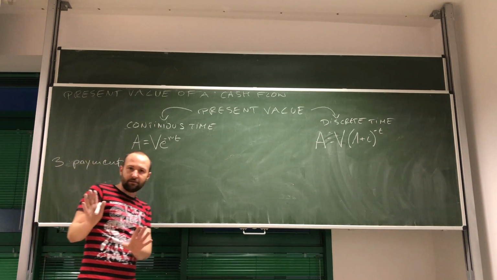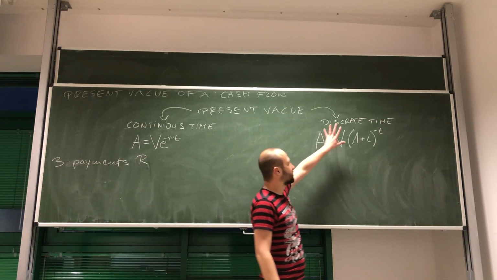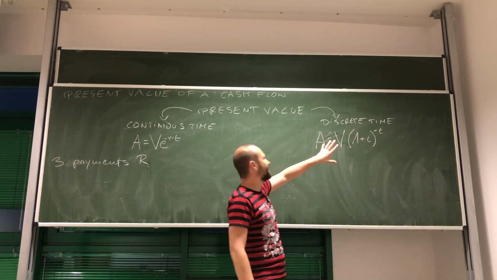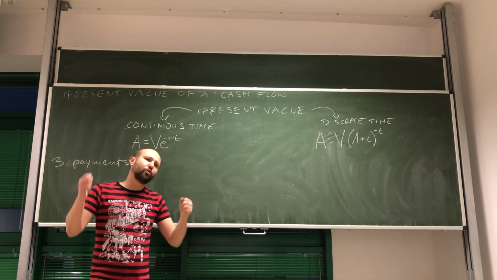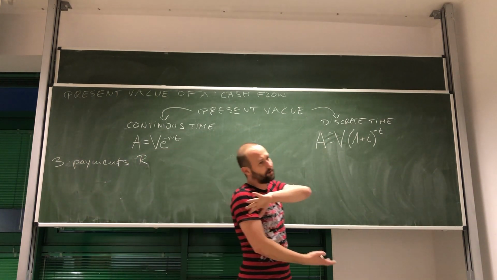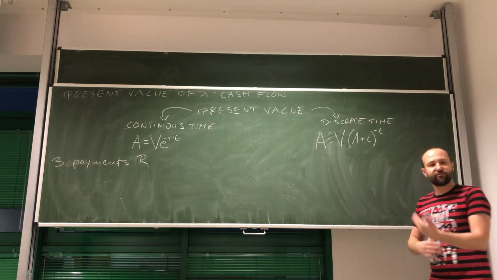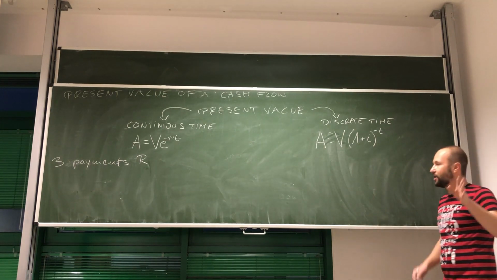Okay, for now, we're going to concentrate on discrete time, because once we understand how it works in discrete time, we will be able to transform this into continuous time right away.